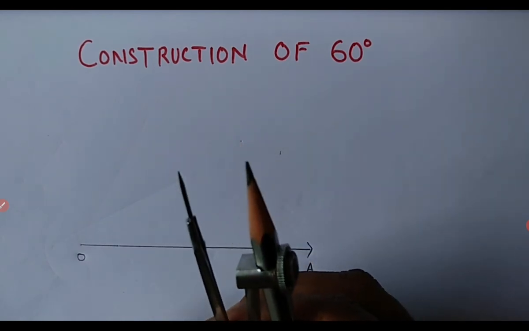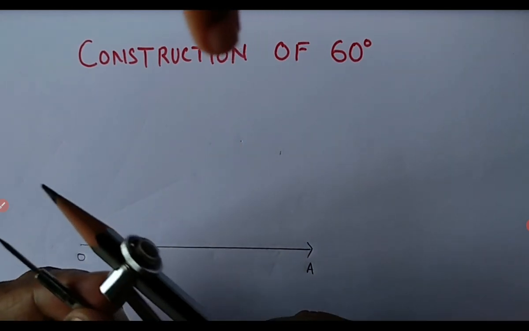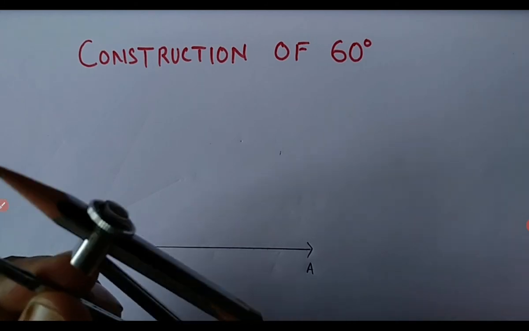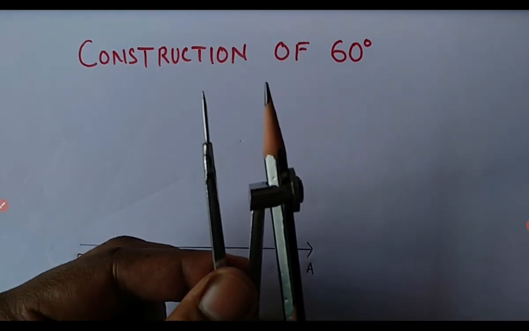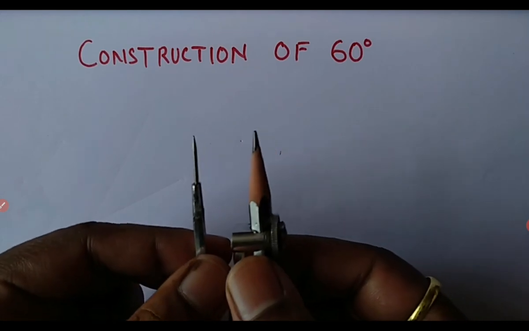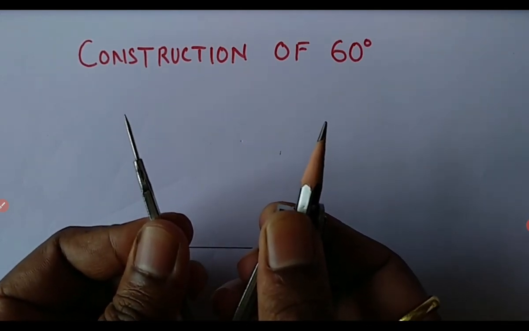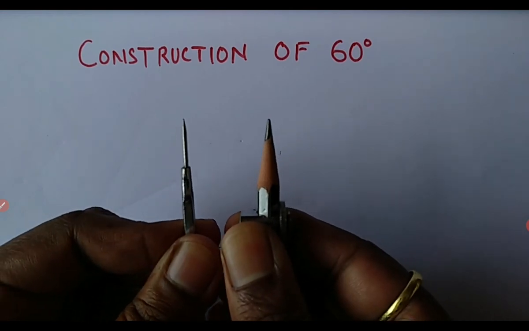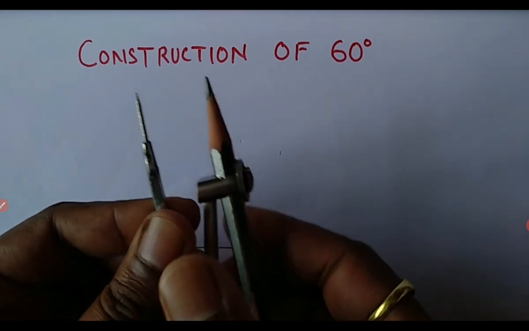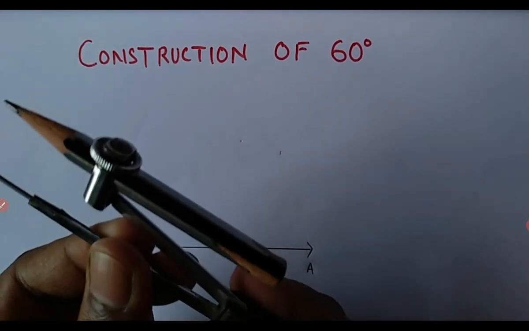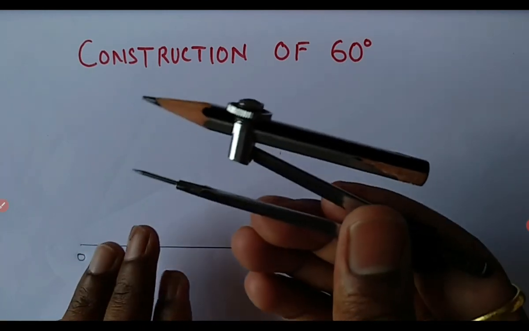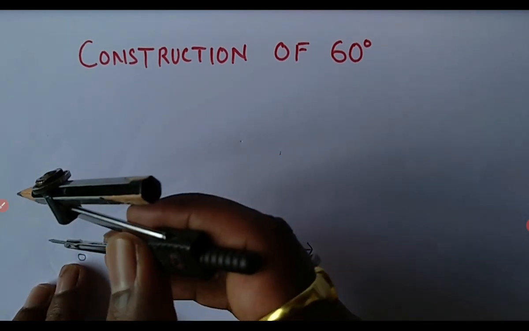Okay, so now what I will do is I'll keep the tip of the compass at my starting point, that is O, that's the vertex, and I can take an arc of any length. Okay, since the space is less, I'm taking a small arc. You could have taken a bigger arc also, but it does not make any difference.